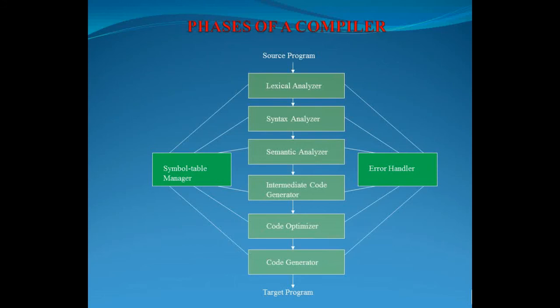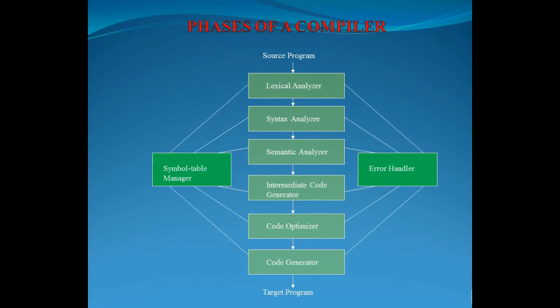The intermediate code generation reads the information from the semantic analysis and generates the code with the help of intermediate representations. Intermediate representation has 2 properties to satisfy. It should be easy to produce and easy to translate into the target code.